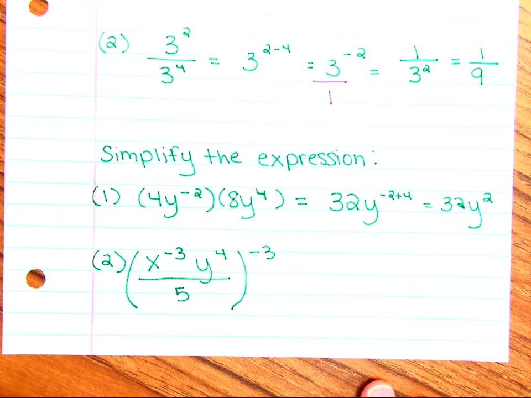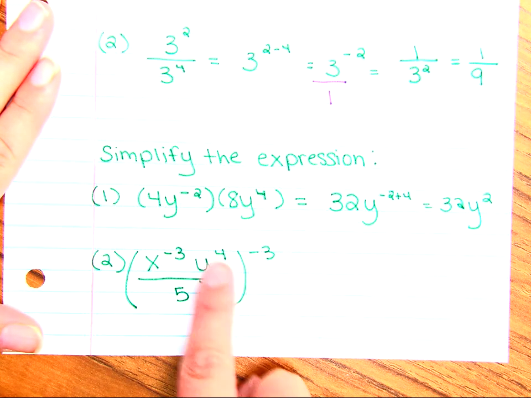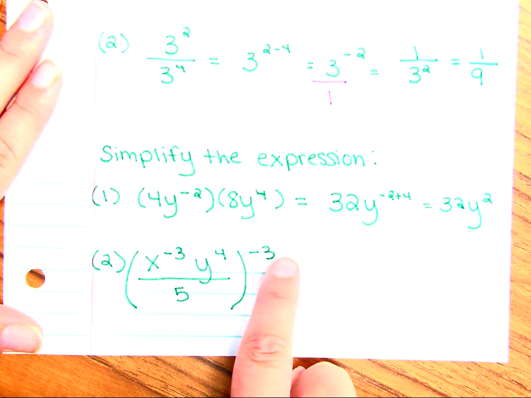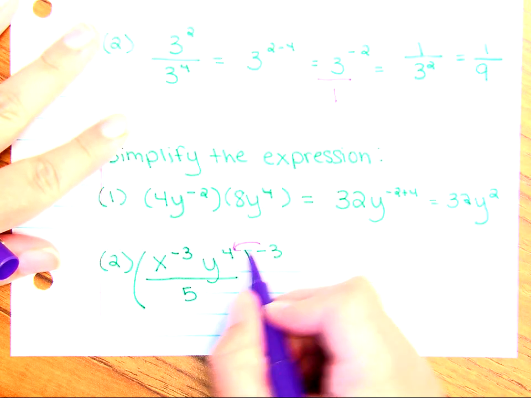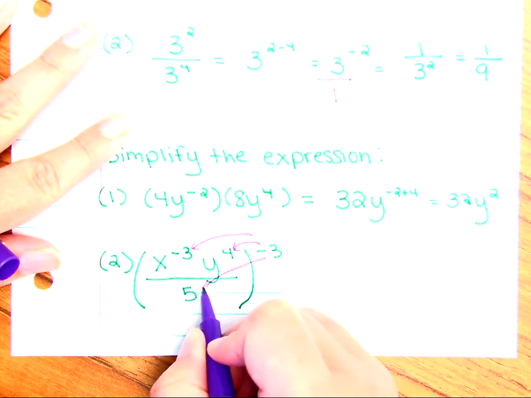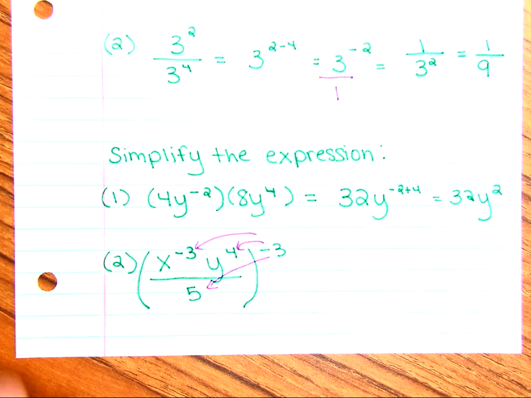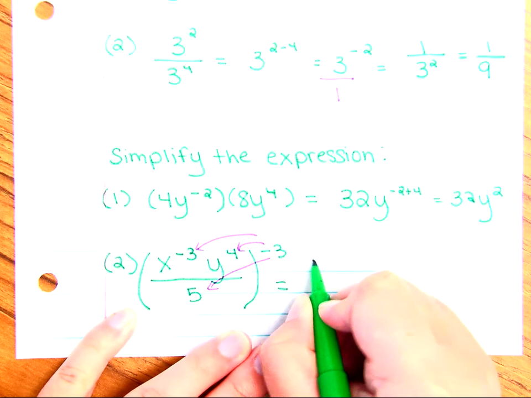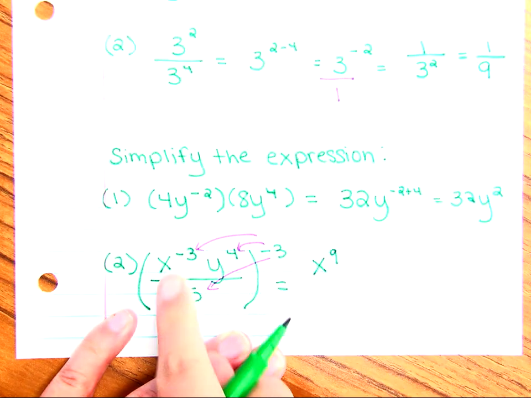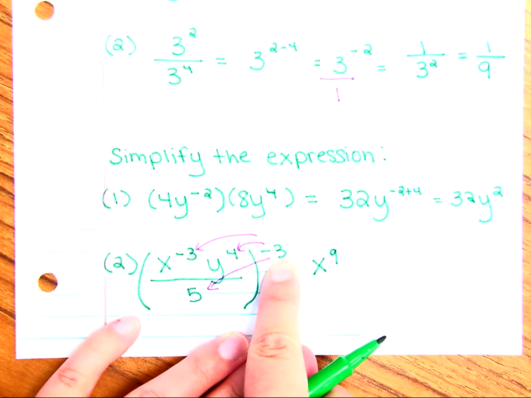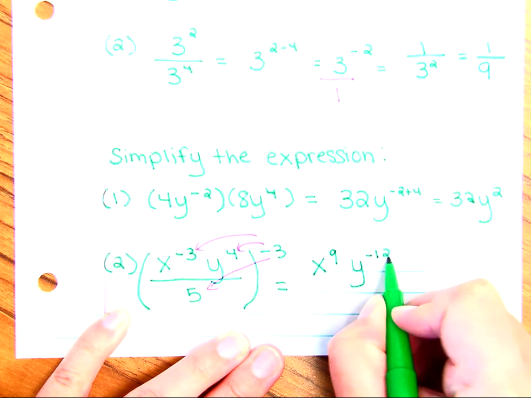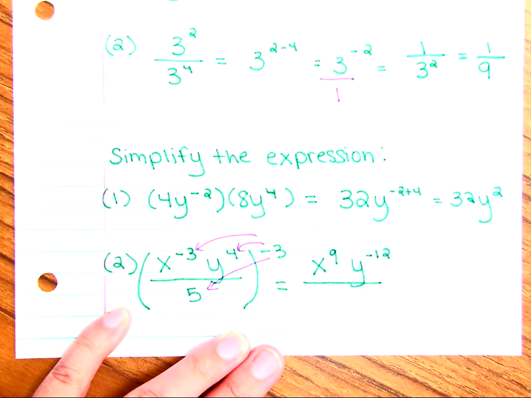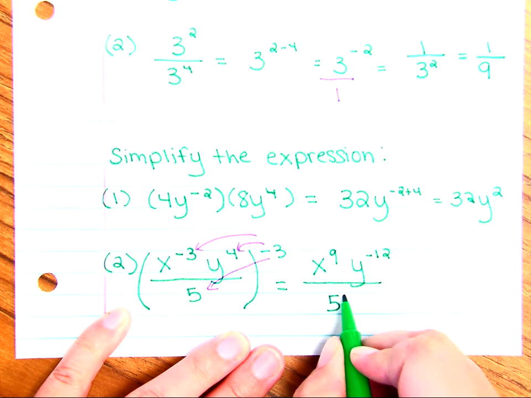So there are lots of different ways you can go about this, but the first thing I'm going to do is when you have an exponent raised to a power, this needs to get distributed to every exponent, and they are multiplied. So this would be x to the 9th, because negative 3 times my negative 3 out here. Then I've got 4 times negative 3, so y to the negative 12. My 5 has an exponent of 1, so that would be 5 to the negative 3.